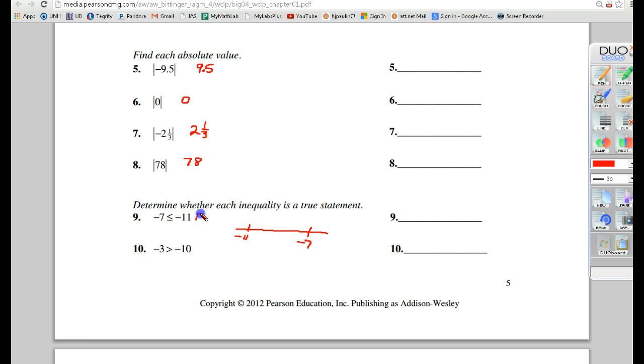So this is false. Is negative 3 greater than negative 10? Well, negative 10 is over here, and negative 3 is over there somewhere, so that would be true.